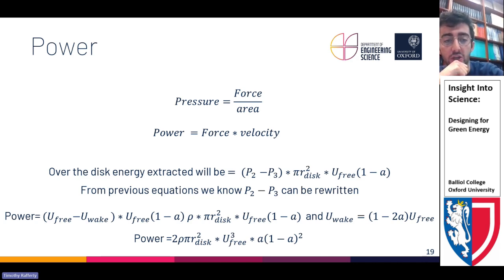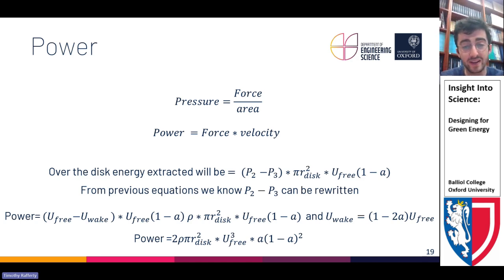So the power extracted will be the change in energy, or the change in power, over the disk. And we've shown previously that we can write P2 minus P3 as this rather awful looking equation. So we sub in how we've shown we can write P2 and P3 in terms of these, and we know that the wake velocity is a function of the free stream velocity.